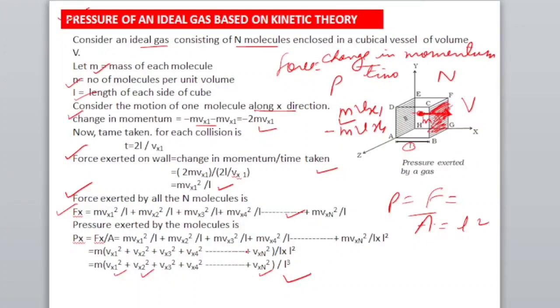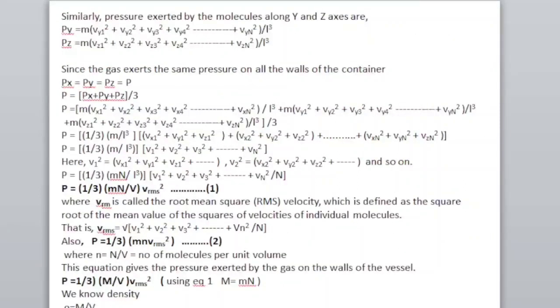This is the pressure exerted by all the molecules along the x direction. In the same way, you can calculate the pressure exerted along the y and z axes. Hope it's clear to all of you.